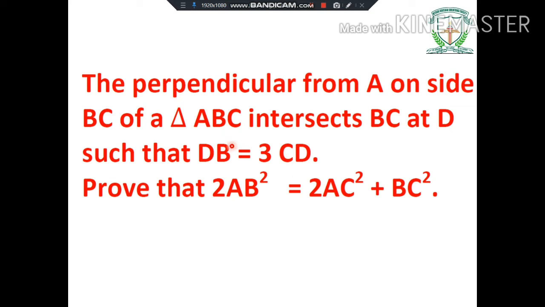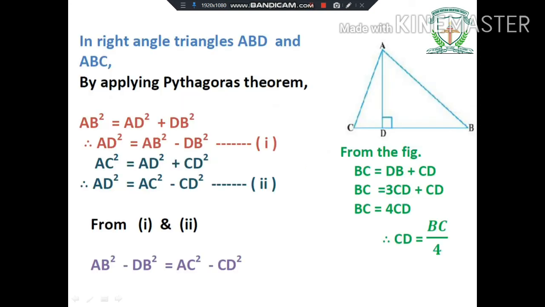Yes, children, you need to draw a triangle ABC and apply this condition and prove 2AB square is equal to 2AC square plus BC square. Draw the triangle. I hope you are ready with the triangle now. Now we shall solve it. In triangle ABC, AD is the perpendicular from A to BC.